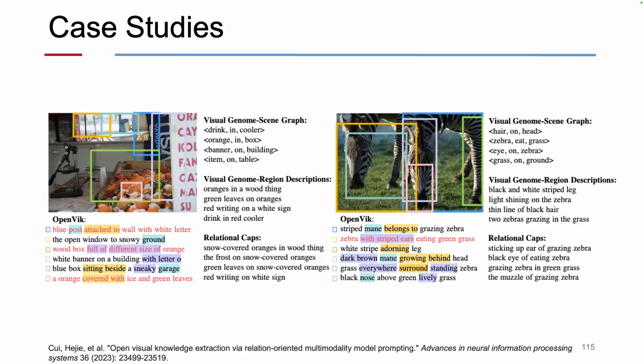There is also the way we describe relations, like the wood box full of different sizes of oranges. A word like full of is never used in existing knowledge graphs. It's more like a diverse, open-world kind of vocabulary.